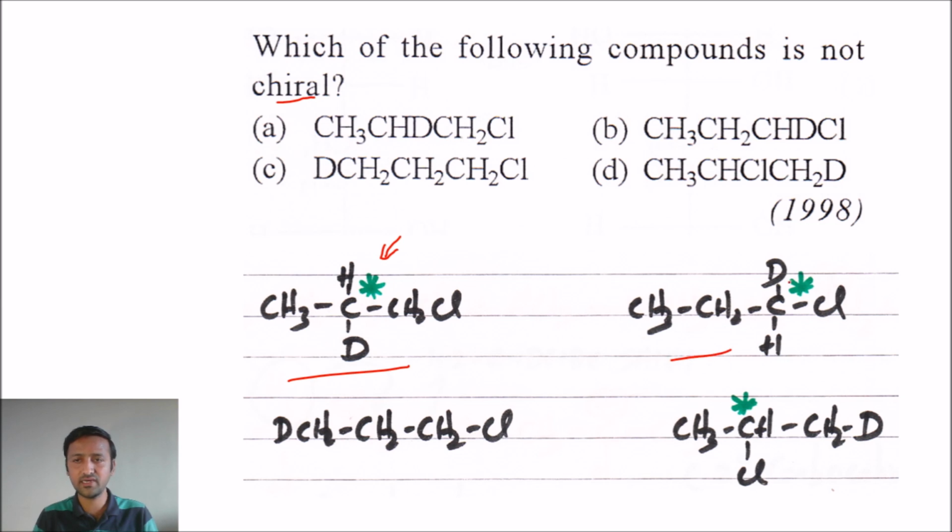The second also has a chiral carbon. The third one, CH2CH2CH2Cl, has no chiral carbon atom present in this molecule. And the fourth one has one chiral carbon atom present. So you can easily select. The right answer for this question is option C.